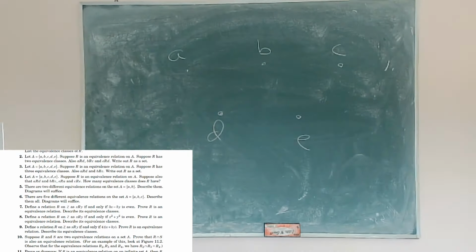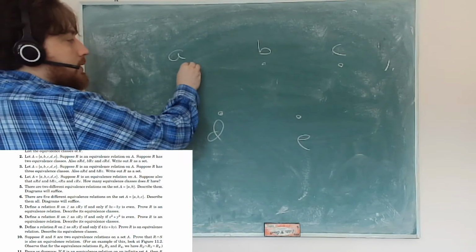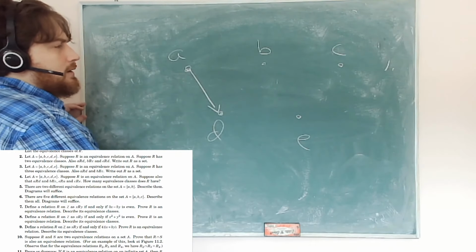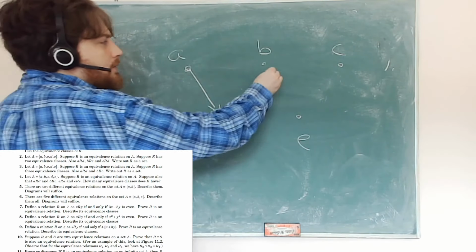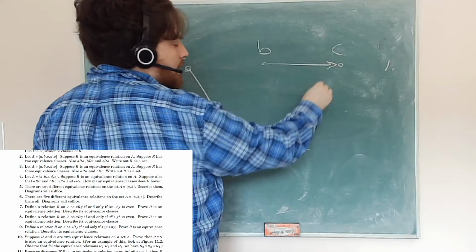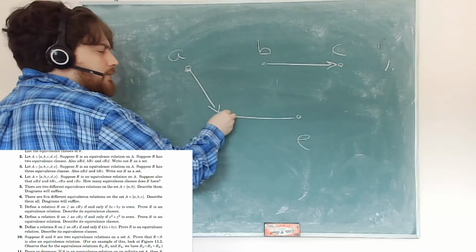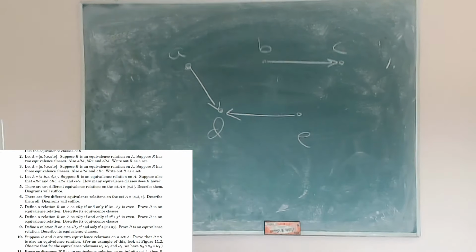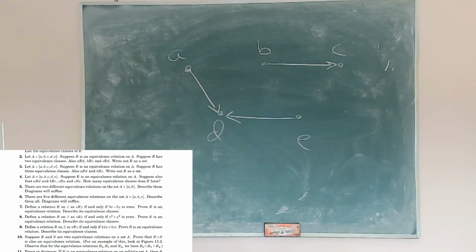To draw this out as a diagram, ARD, so we're going to draw an arrow from A to D, and we're going to draw an arrow from B to C, and then we're also going to draw an arrow from E to D, because E is related to D. Just making sure I have those correct.